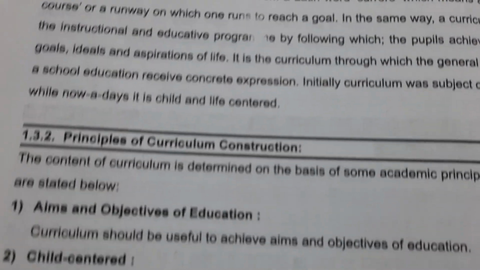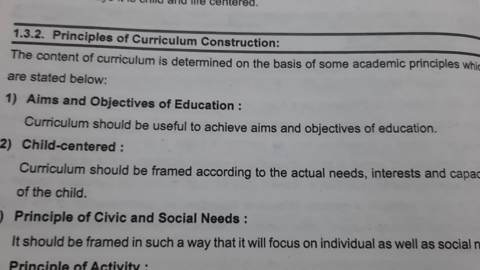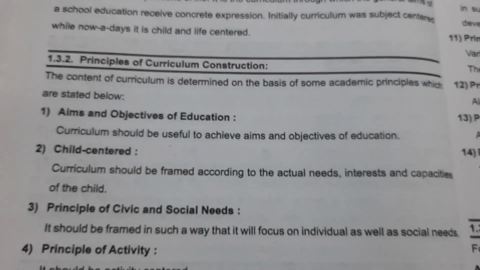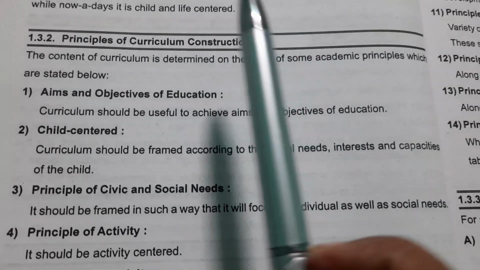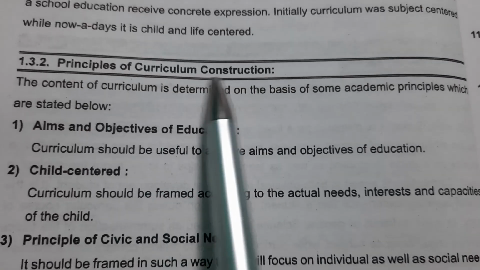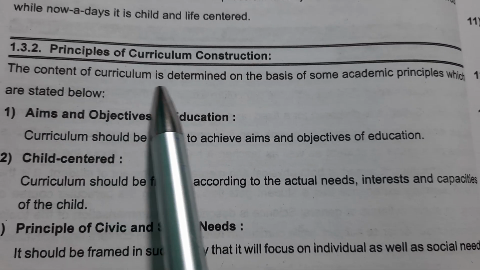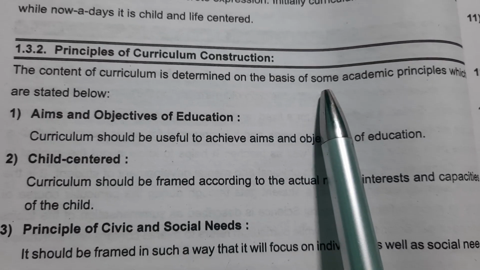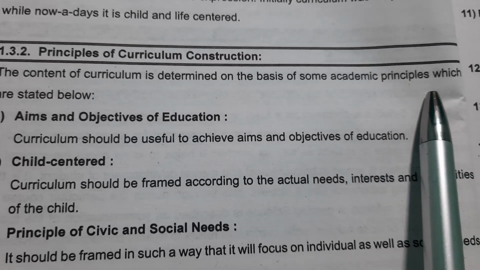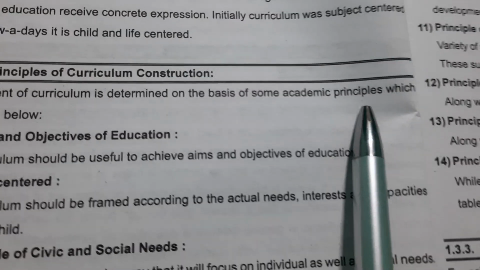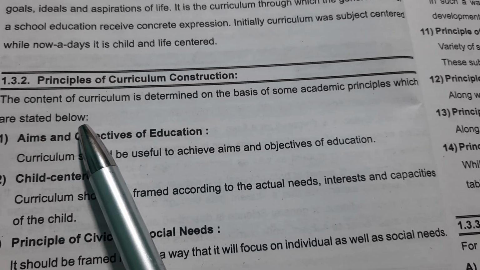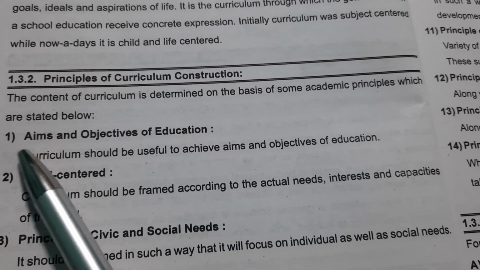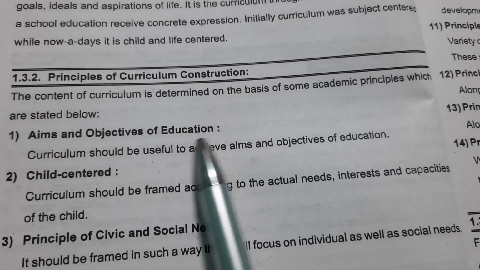Okay, in this, let us see. I hope you all can see this clearly. Okay, we have the principles of curriculum construction. The content of curriculum is determined on the basis of some academic principles which are stated below. The first is aim and objective of education.